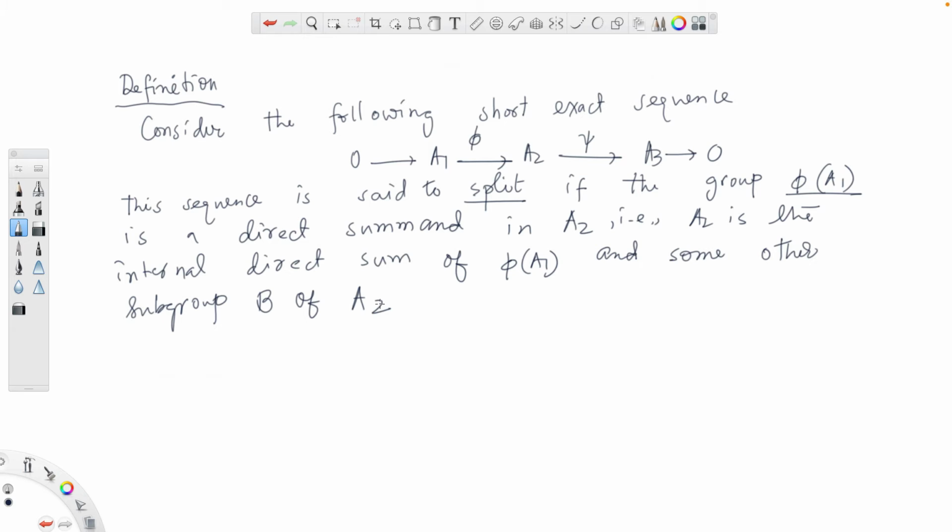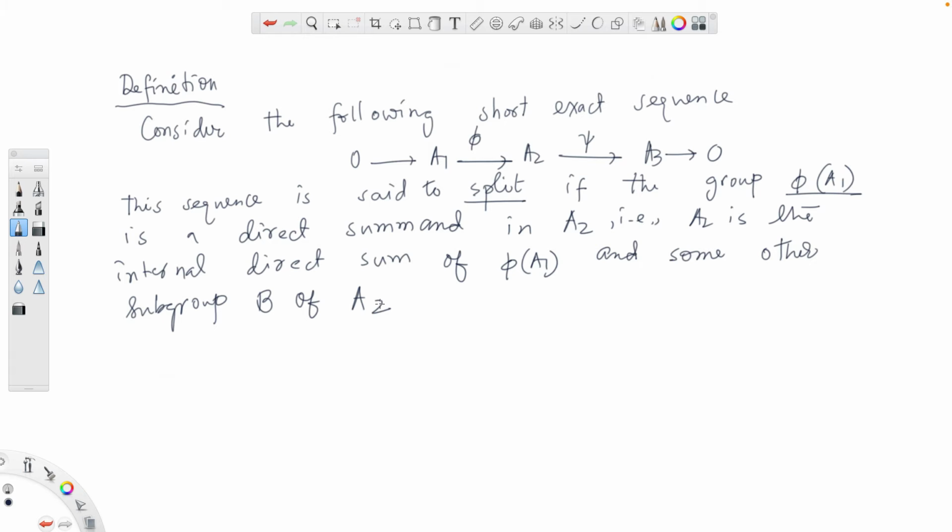Why do we call it an internal direct sum? Because we know the structure of A2, and we are decomposing A2 into the direct sum of these two pieces, phi of A1 and B. The structure of the resulting object A2 is known a priori.